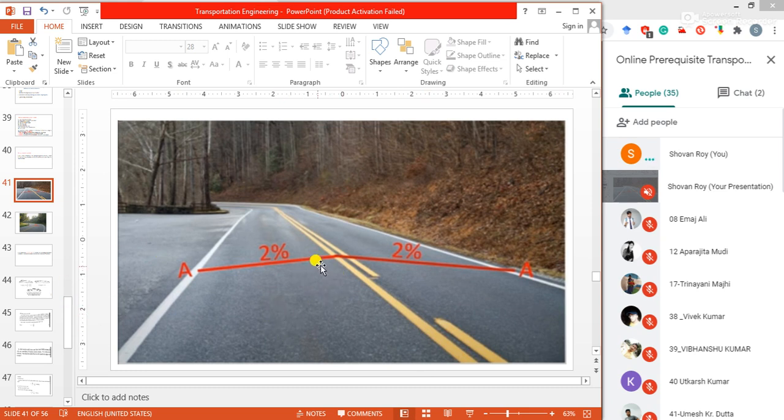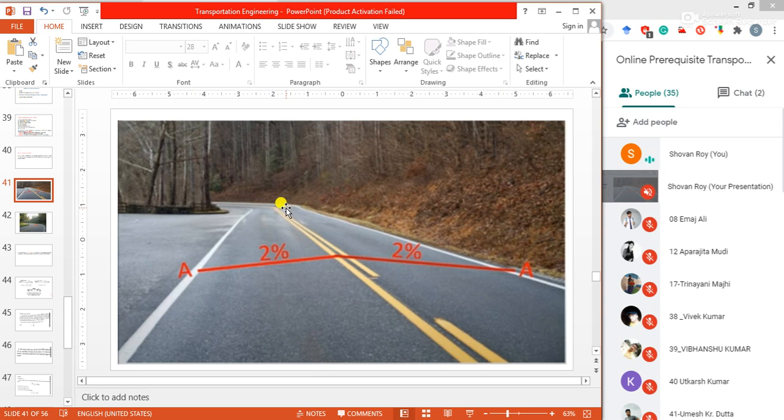Steeper means this slope is high, this cross slope. Along the road is the longitudinal slope, along the road in the direction of my journey is called longitudinal direction, and across our direction, if this is y, this x is the cross slope, and this y is our longitudinal slope or longitudinal direction.